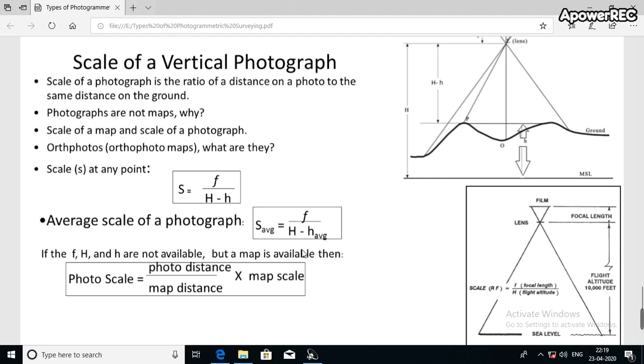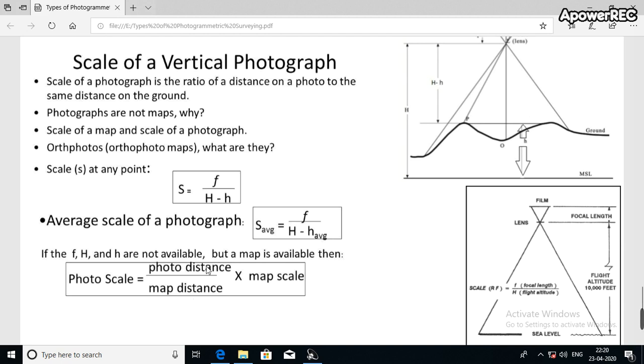As we know all of this, we can say that the photo scale equals the photo distance from lens to film divided by the map distance, multiplied by the map scale. The photo scale is similar to the RF that you have seen in the traditional methods of surveying.